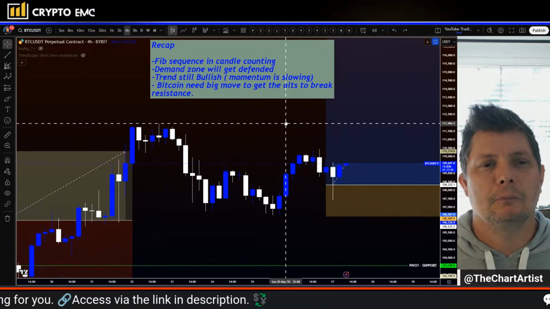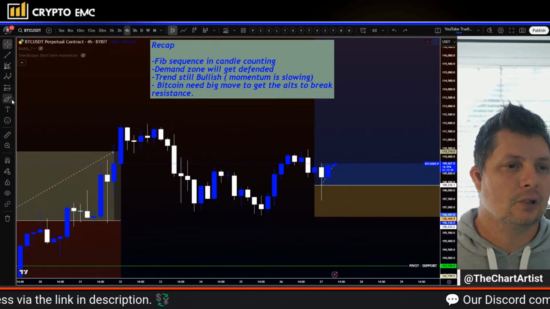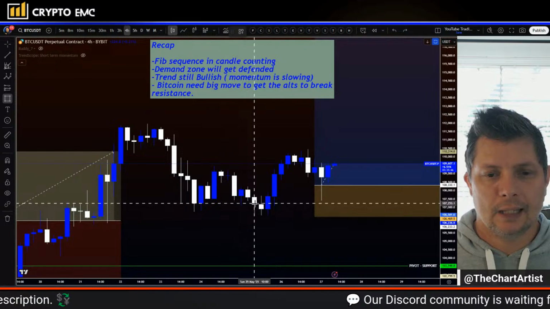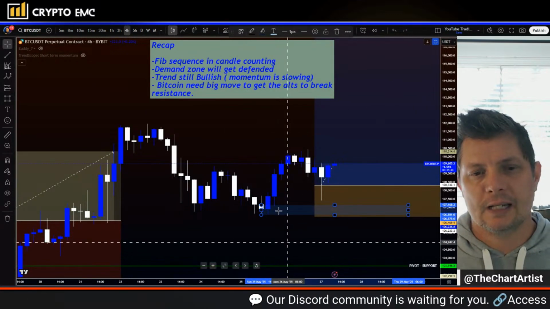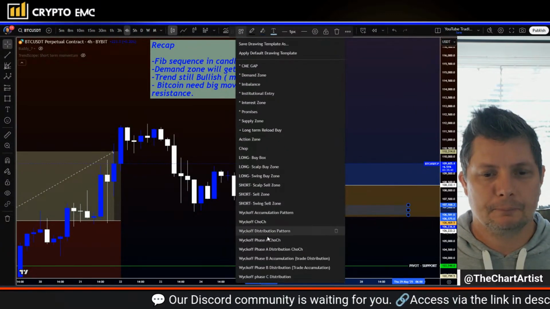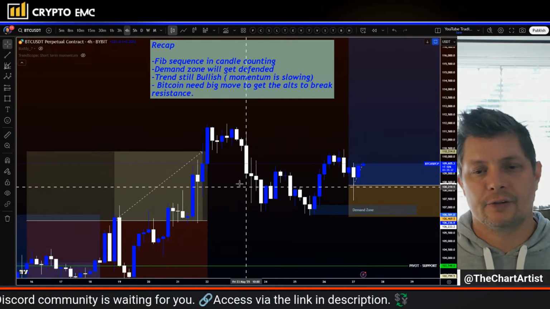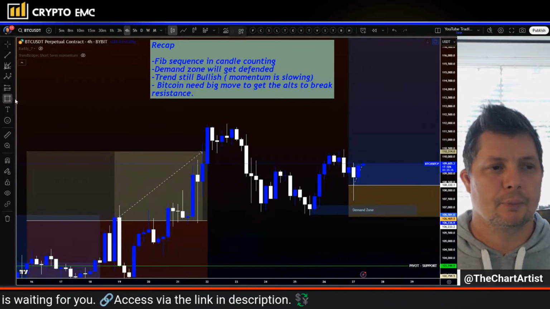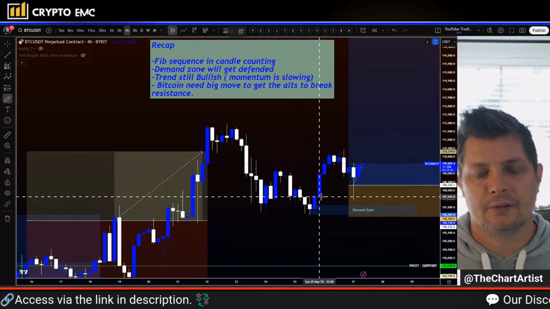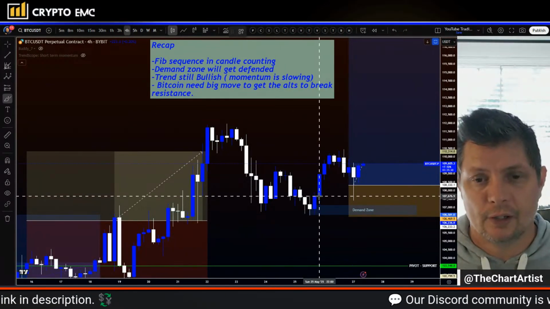And then I also explained to you guys the demand zone. The demand zone is a very simple trick. I'm just going to mark it out for you guys again. There was the demand zone. Now, a demand zone gets identified through a candle structure, and it's a price action theory that you can go and read up on if you want to know how to use that.